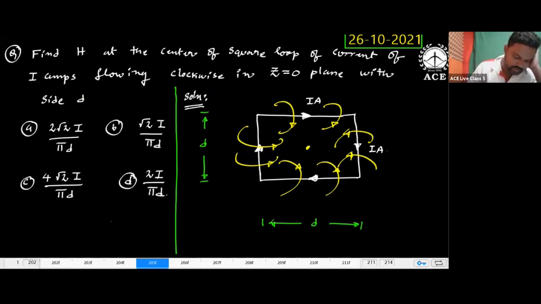So option A is the answer, beta. Two root 2 I by pi D.